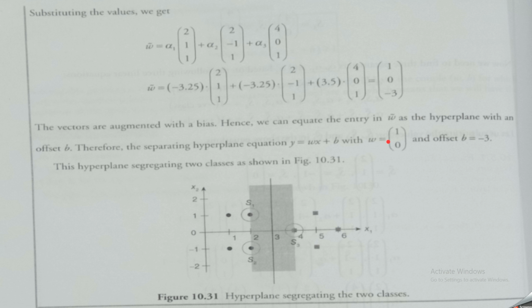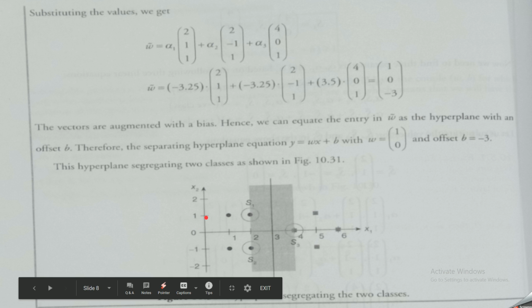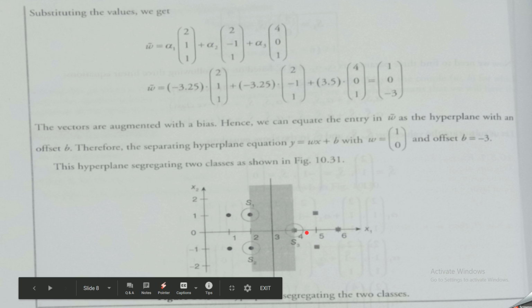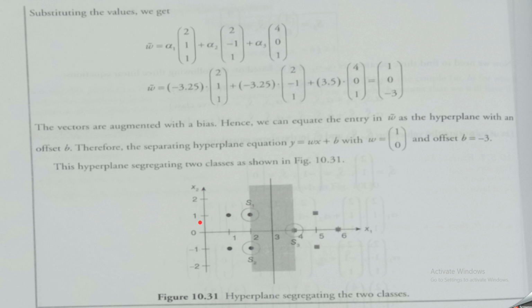If it would have been (0, 1), then you would have drawn the hyperplane parallel to x1 and perpendicular to x2. So keep this point in mind.